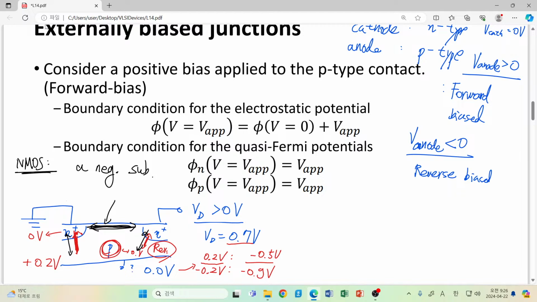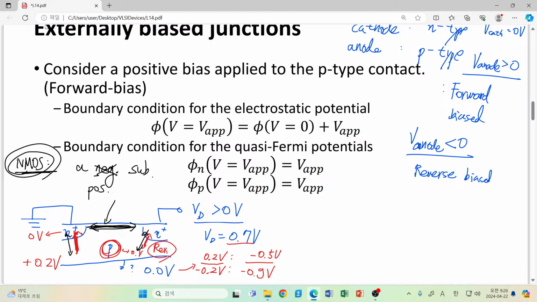If you apply negative voltage to your p-type substrate, it always strengthens the reverse bias voltage. But if you introduce positive substrate voltage, then potentially it places your junction into the forward mode. That is a very bad situation.